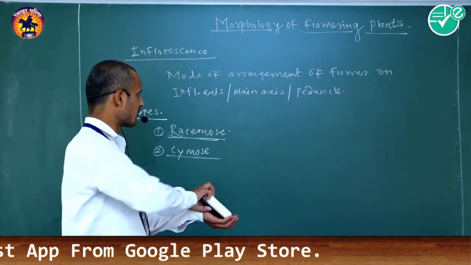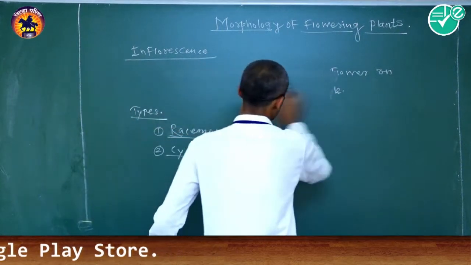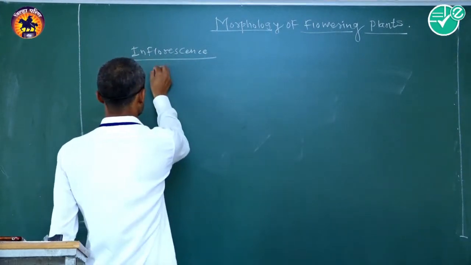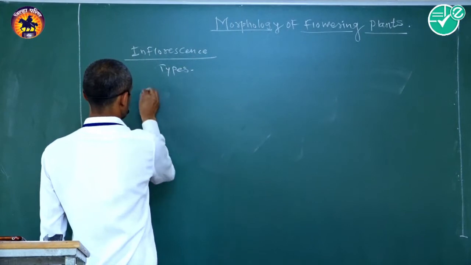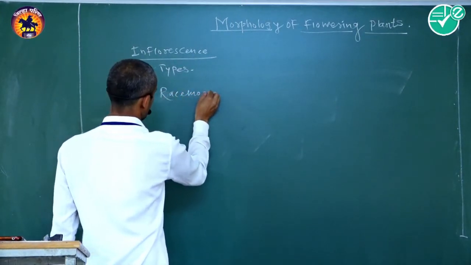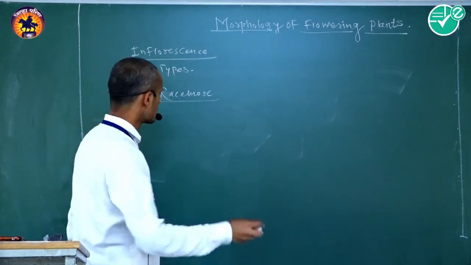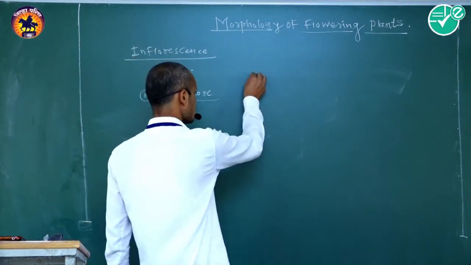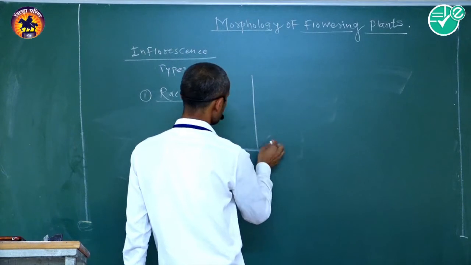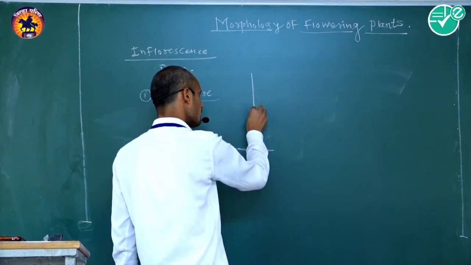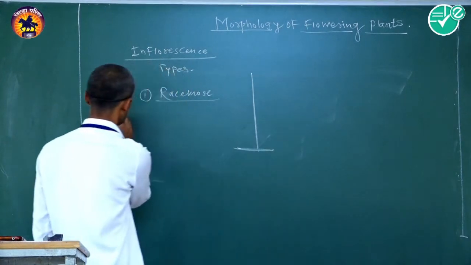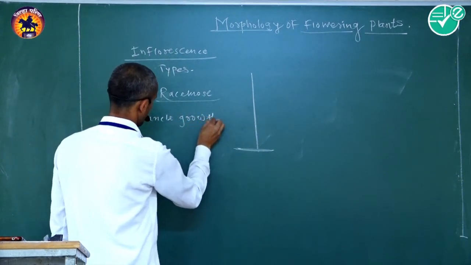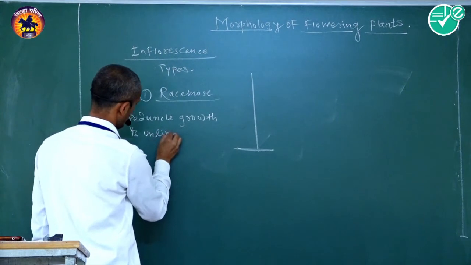Diagrammatically, in racemose inflorescence the growth of the peduncle is unlimited.